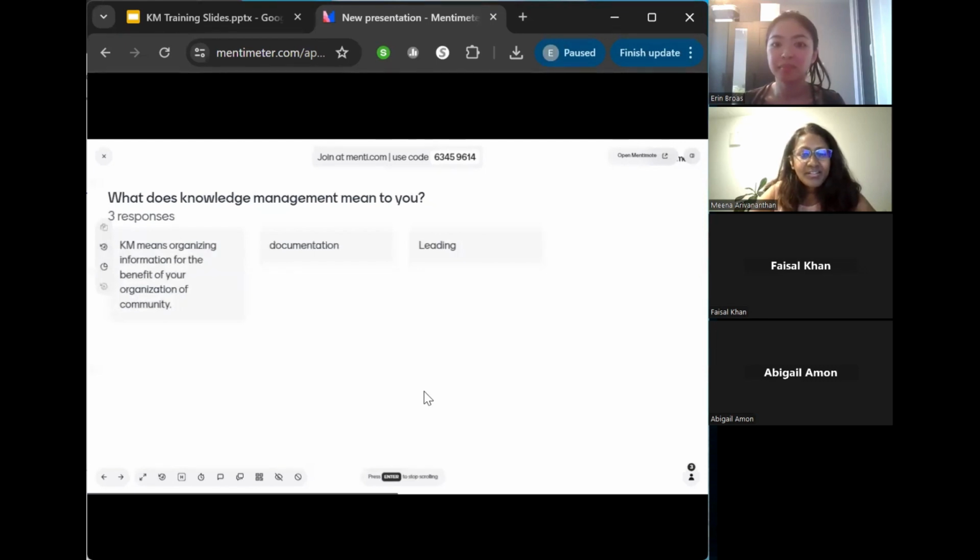KM means organizing information for the benefit of your organization. I'm thinking our community. What does knowledge management mean to you? Management of resources and utilization.